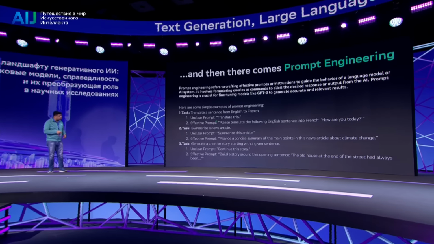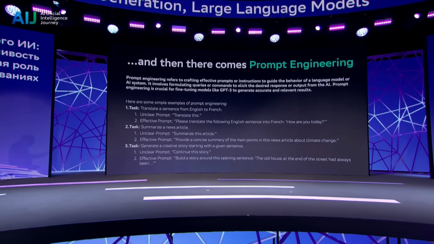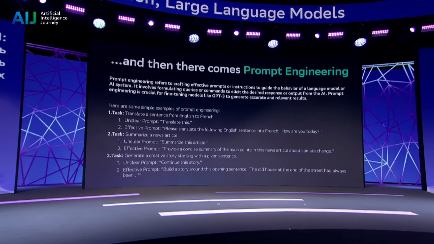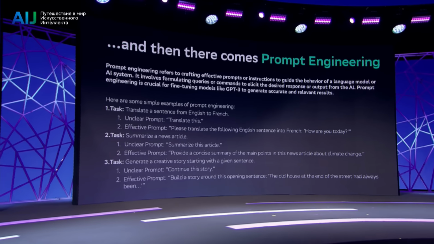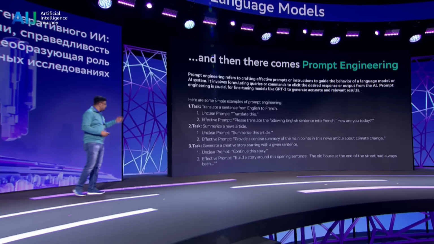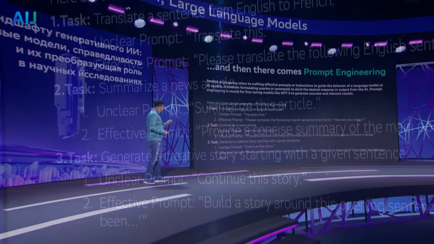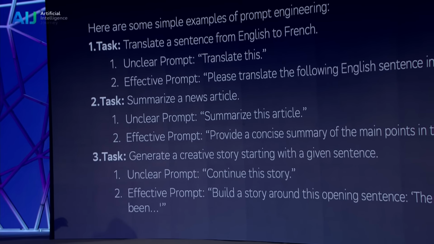Clear and effective prompt would mean the context of the sentence, the exact sentence, and what you want to do with it. Okay? Summarize a news article. Unclear, bad prompt, that means the command you give to the language model is like, summarize this article. Effective prompt would be provide a concise summary of the main points in this news article about climate change.